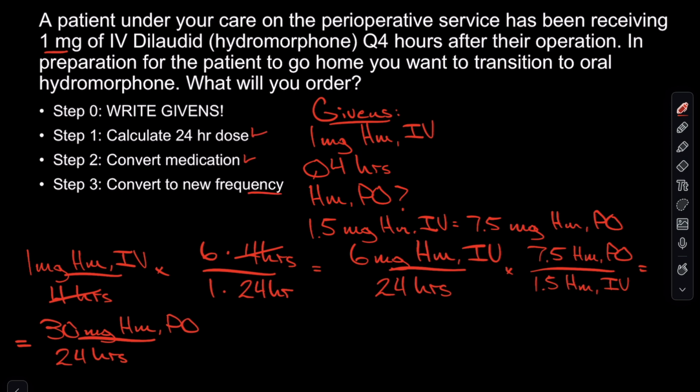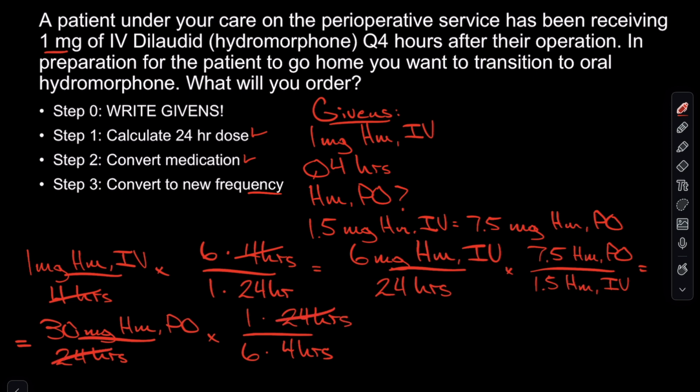And then after we've calculated our total dose and converted our medication, now we need to calculate the new frequency. So we're not going to just give them 30 milligrams once a day, but our conversion is every 4 hours. So instead of once every 24 hours, we're going to go 6 times every 4 hours. I'm just checking that this makes sense. So 1 24-hour unit is the same as 6 4-hour units.